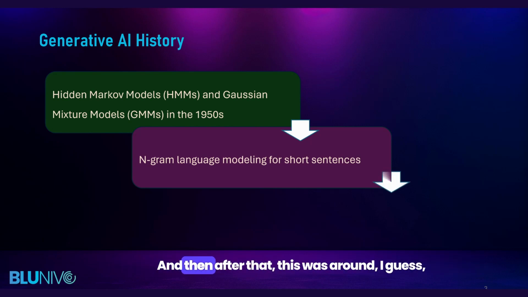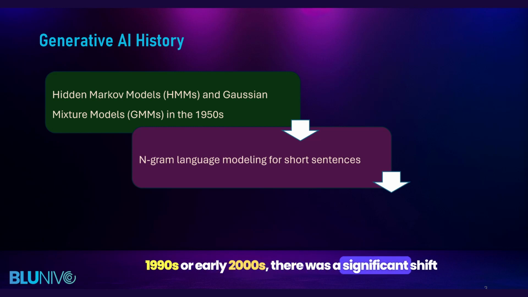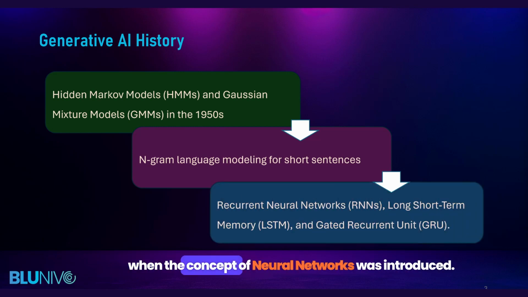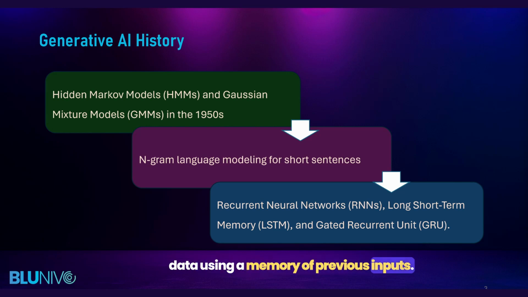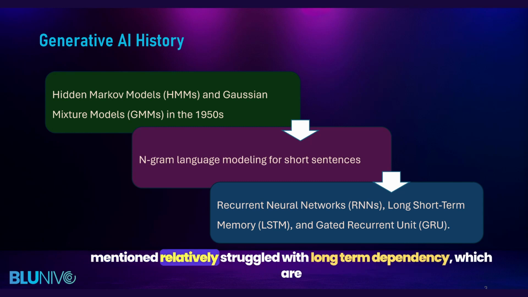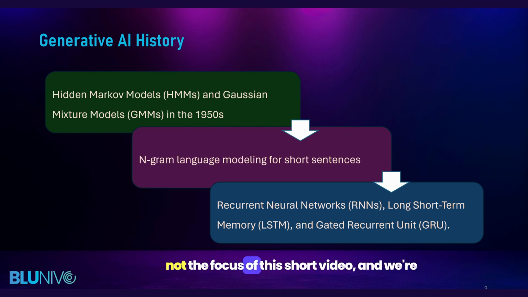And then after that, around the 1990s or early 2000s, there was a significant shift when the concept of neural networks was introduced. First we had the recurrent neural network, or RNN, which could handle sequences of data using a memory of previous inputs. Having said that, the traditional RNN relatively struggled with long-term dependency, which is not the focus of this short video, and we're probably not going to get into the details.